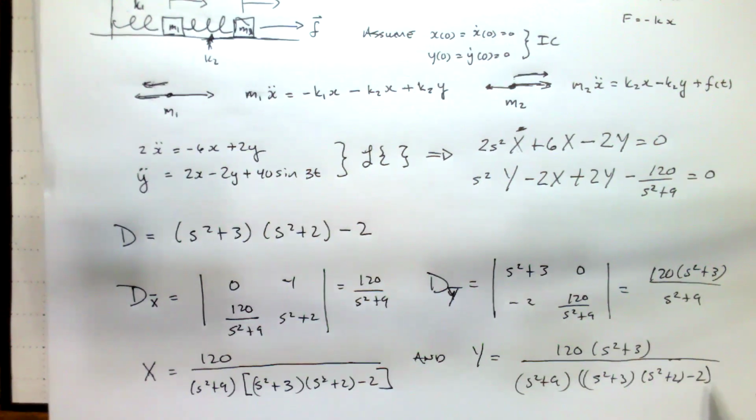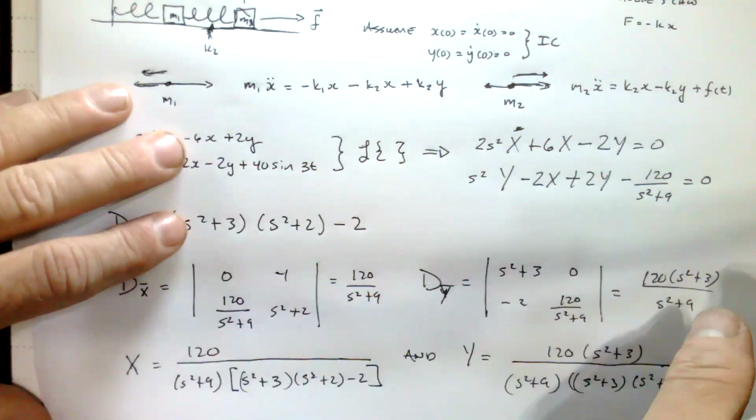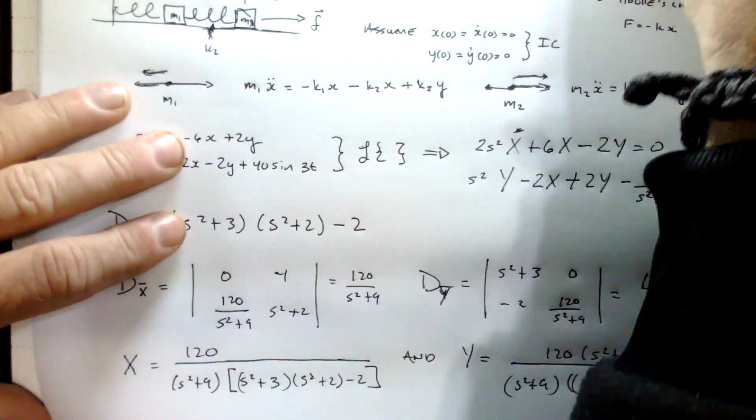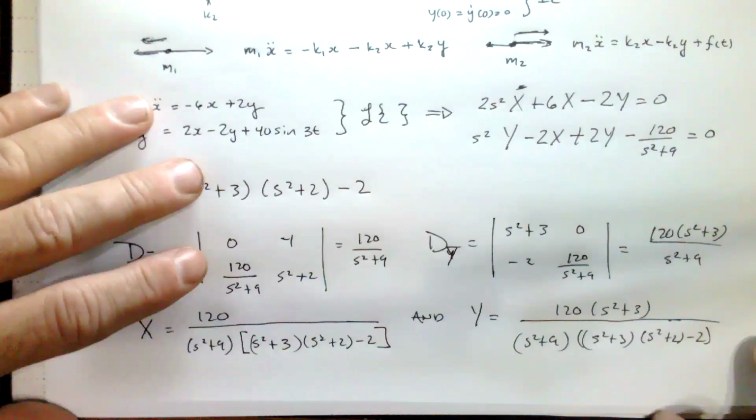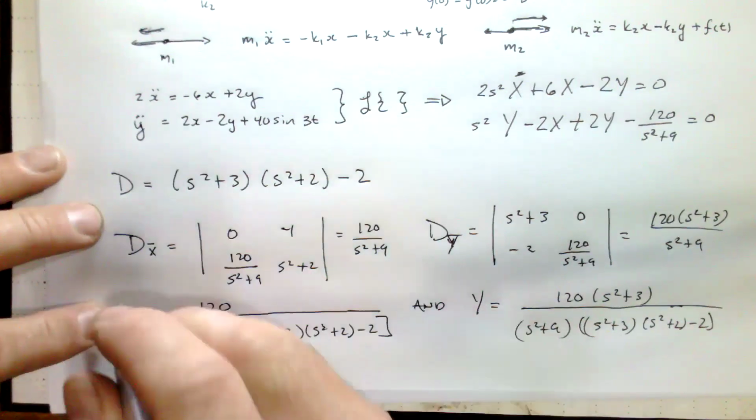All right. Finally, to convert these back into our t space, since we're in s space now, we need to take the inverse Laplace transforms of both of these sides.